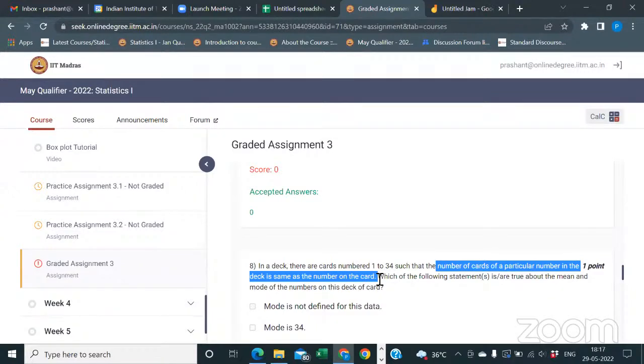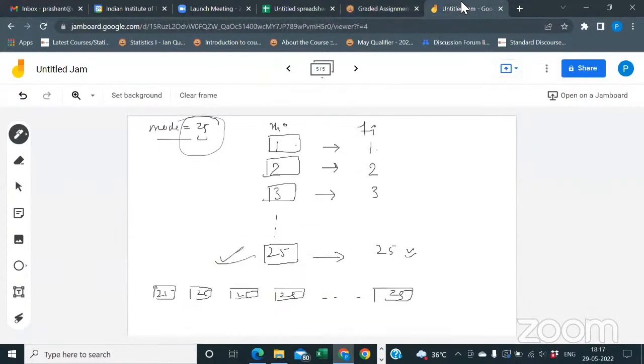Okay. Yes, sir, now getting it. I was not able to get the question properly. Yeah, see, actually, the number on the cards is the same as the number of the cards. Got it? So the mean would be 1 into 1, 2 into 2, and so on, divided by the total. Yes. Got it. Thank you.